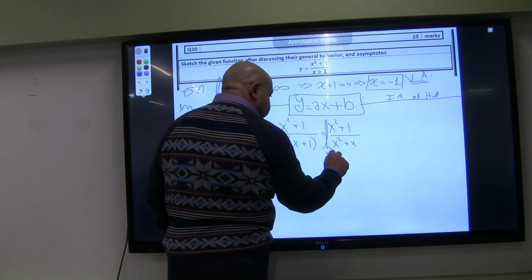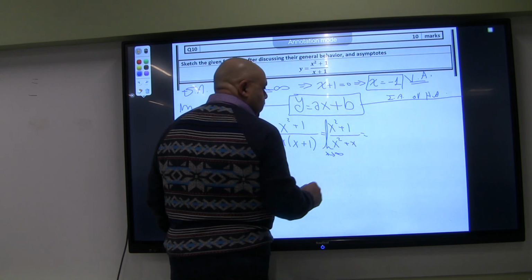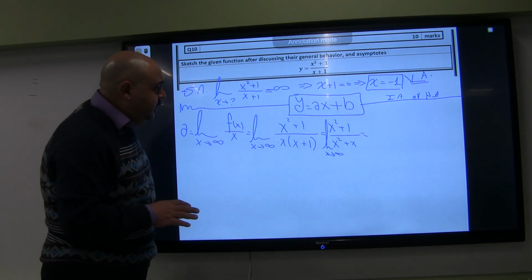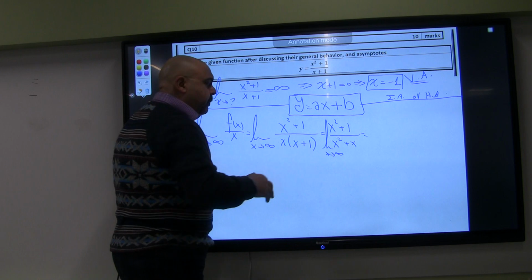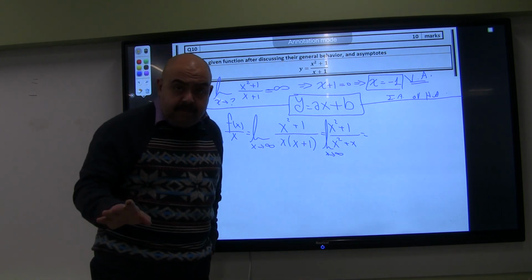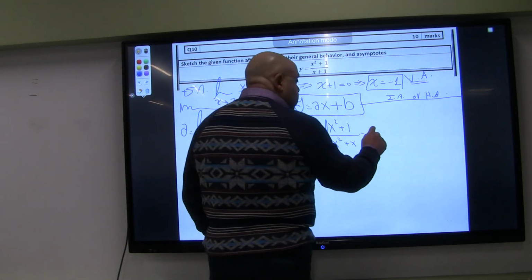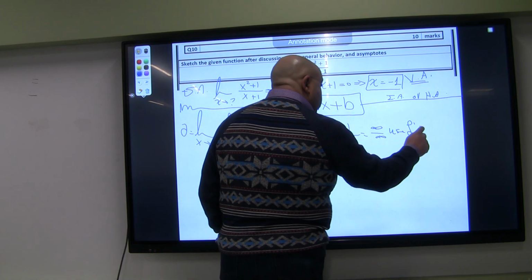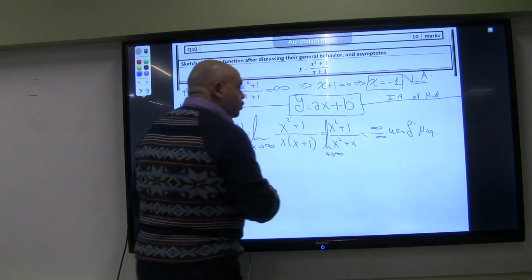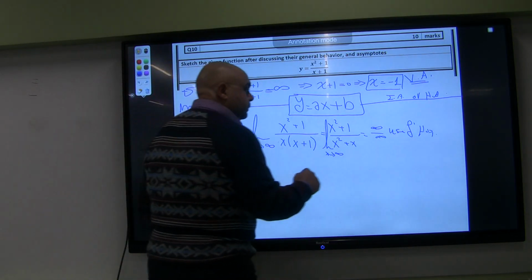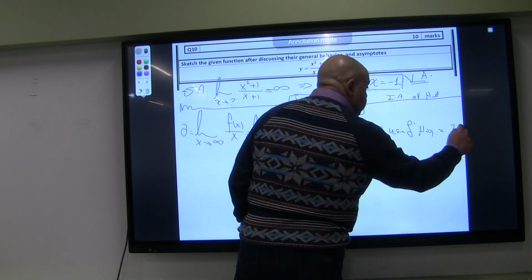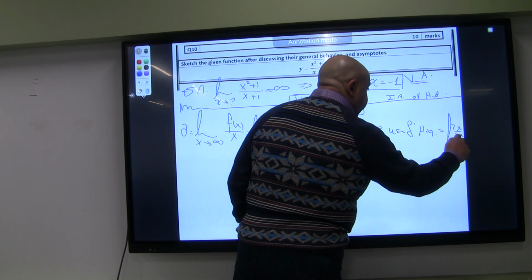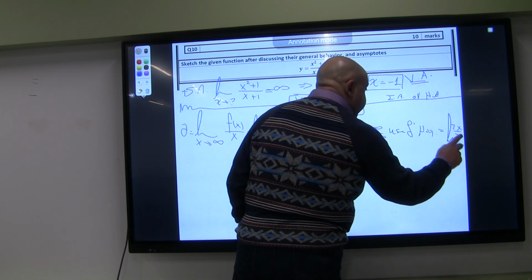Taking the limit as x tends to infinity, we can do it either way, by dividing both the numerator and the denominator by x squared, or simply apply L'Hopital. Once you have infinity over infinity, we can use the L'Hopital method to find the value of this function. That's going to be 2x over 2x, limit as x tends to infinity.